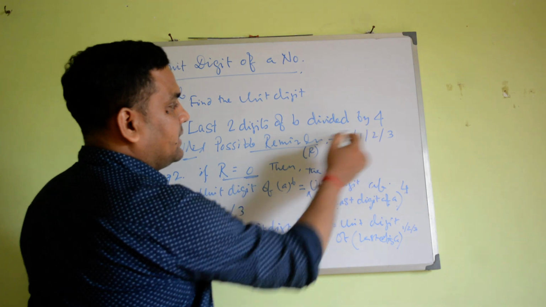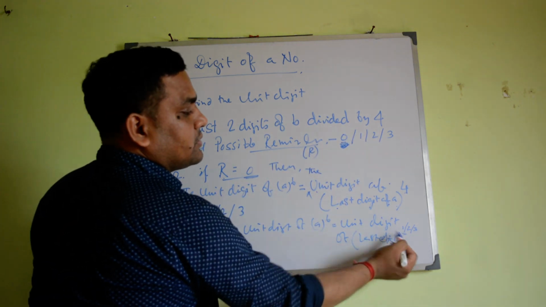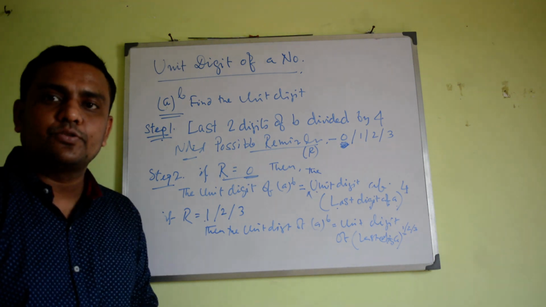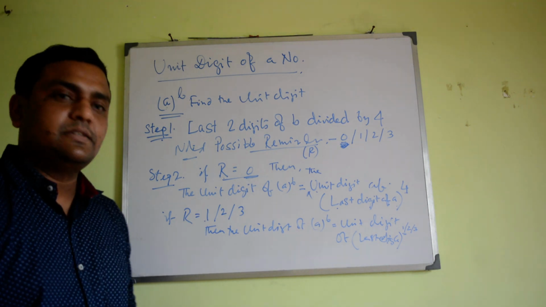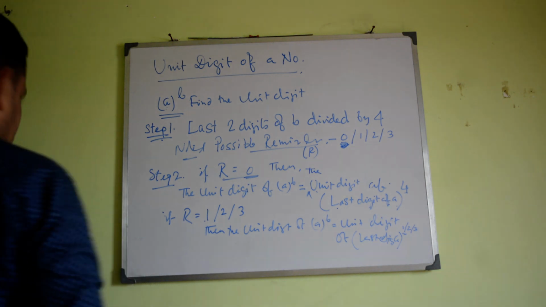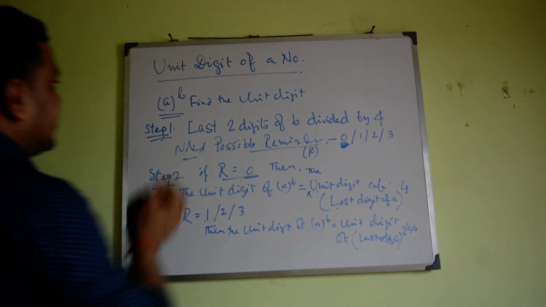If the remainder is 1, then the last digit to the power 1. If the remainder is 2, then the last digit squared. If the remainder is 3, then the last digit cubed. Let me show you an example.